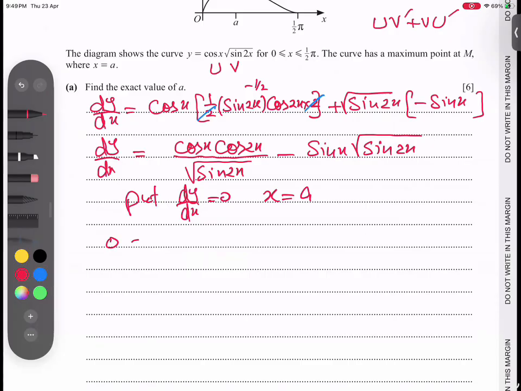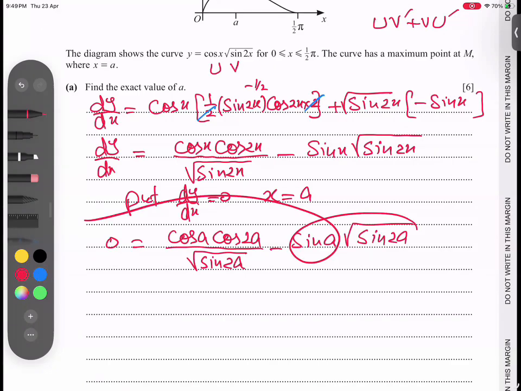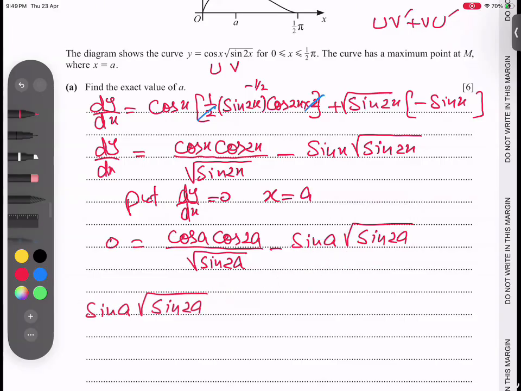So 0 is cos a, cos double a over root of sine double a, minus sine a, and root of sine double a. Okay, this completely I'll bring to the left side. I mean to say copy and paste and go here, and this copy and paste will be here, in the middle the equal sign.